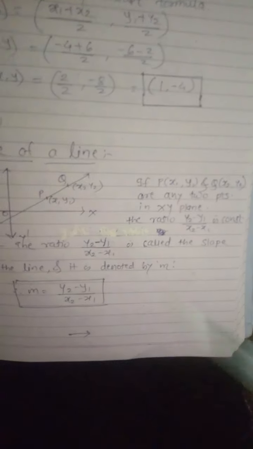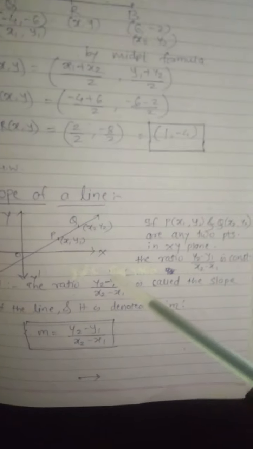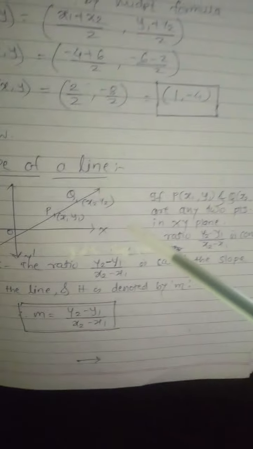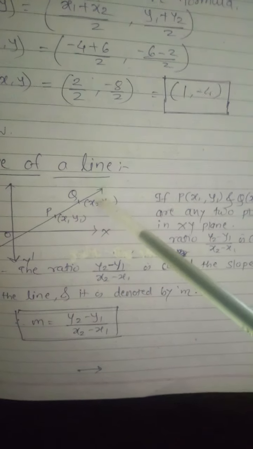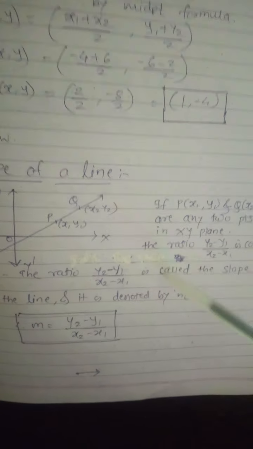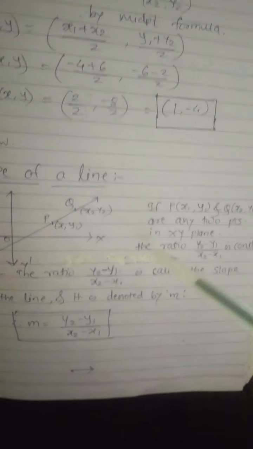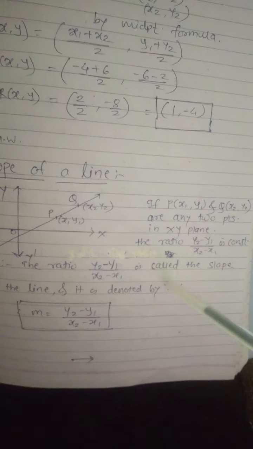If we take the ratio of these coordinates, that is y2 minus y1 upon x2 minus x1, then this ratio is called the slope of the line, and the slope of the line is denoted by m.